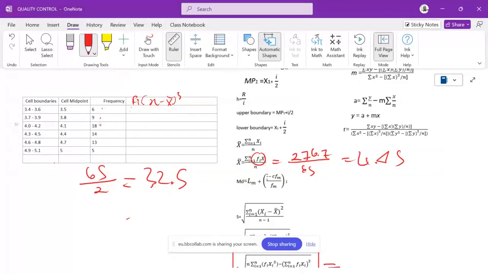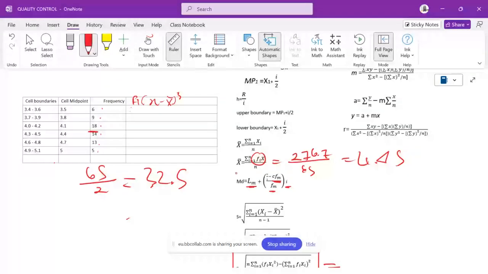We can see that 1, 2, 3, and then 1, 2, 3. It's found in between here. But what will assist us? We'll be assisted by doing the cumulative frequency. Then we'll know where we need to stand. We found the position, then the lower boundary, the frequency, the interval.